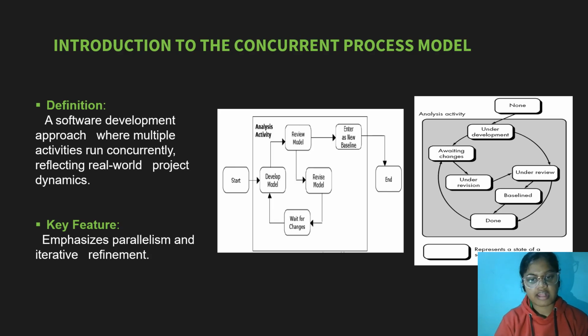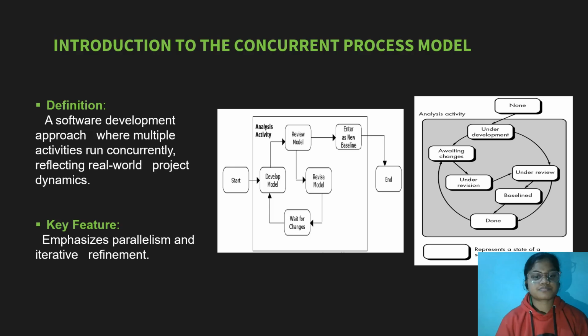Then, if it needs any changes, it goes back, makes the changes, and reaches revise model, where it scans the model once more, waits for changes, and then repeats the same steps. So this is the process in the concurrent process model.